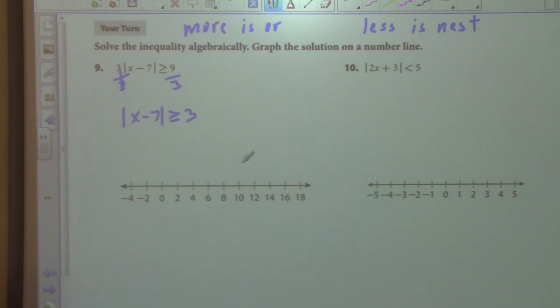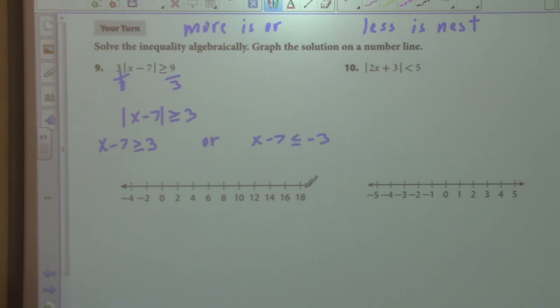Or means you have two expressions. Let me show you. You're going to have an or right here. You're going to have x minus 7 is greater than or equal to 3, or x minus 7 is less than or equal to negative 3.